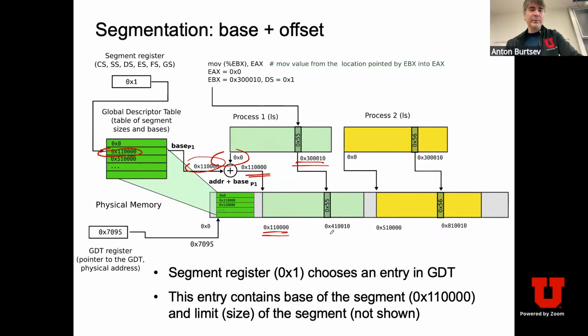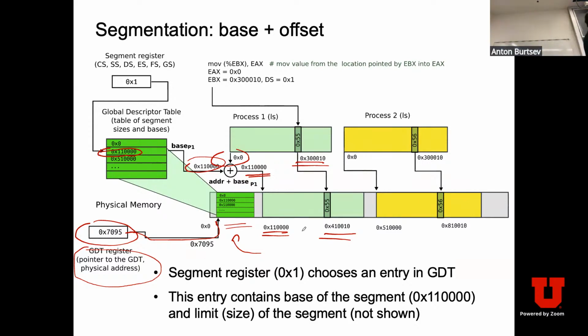So if we have this address, we will get 41 instead of 31, right? And the global descriptor table register points to the location in physical memory where this table is configured. It's placed outside of the address space of any process. Only the operating system itself will have a segment which allows it to access this table. Make sense?